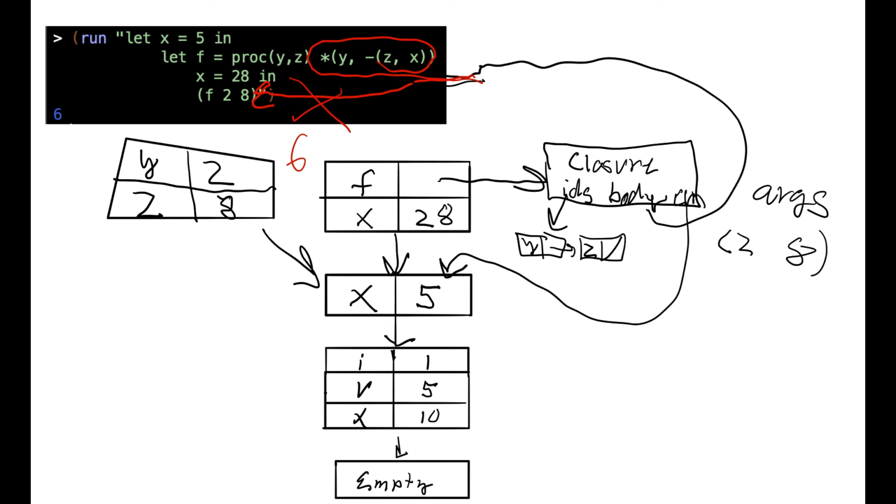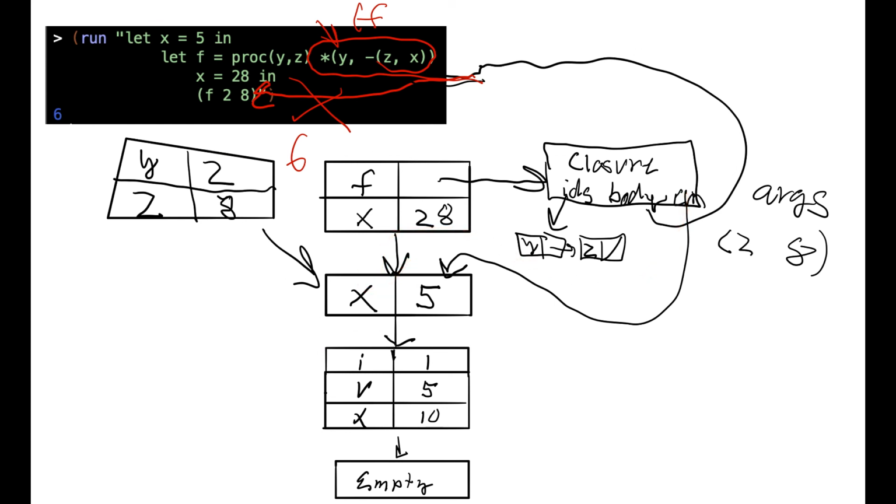Now, one thing to note: if this function right here ends up calling itself, let's say inside of the body, instead of doing this math, it actually wanted to call a function called f. If you notice, the closure's body would not find itself in the environment.